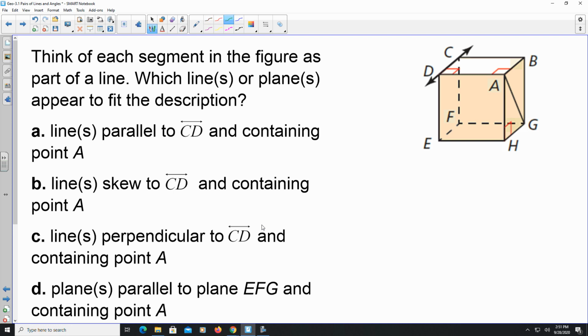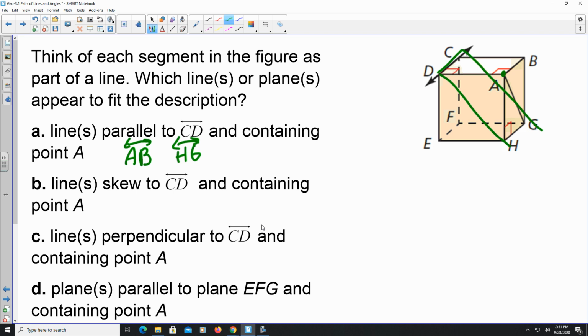First it says line or lines parallel to CD and containing point A. Point A is right here. Everything that is parallel to CD, so CD is right here, well, line AB, that's parallel. You could also say HG can be parallel. The plane would look something kind of like this.